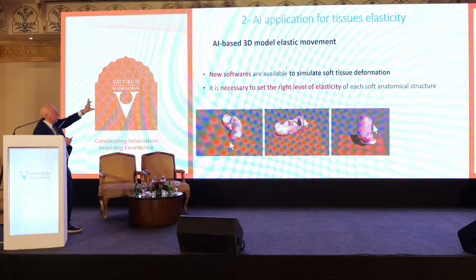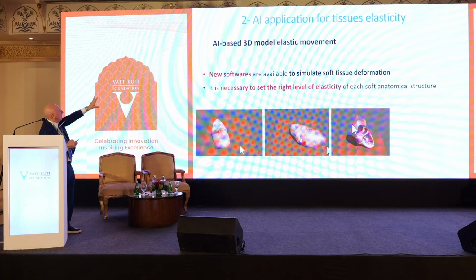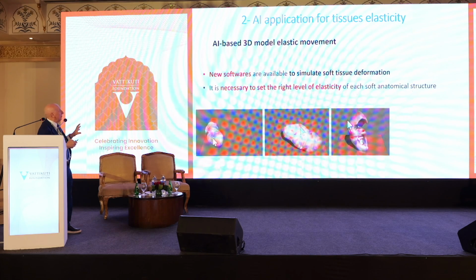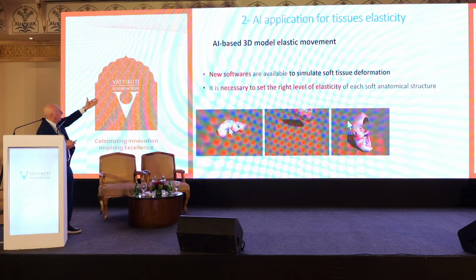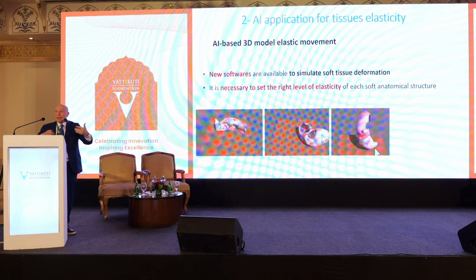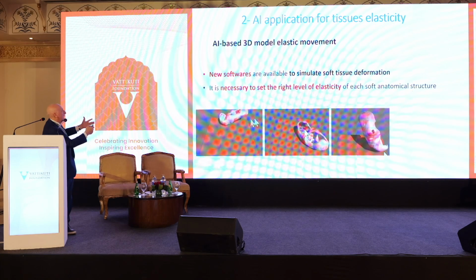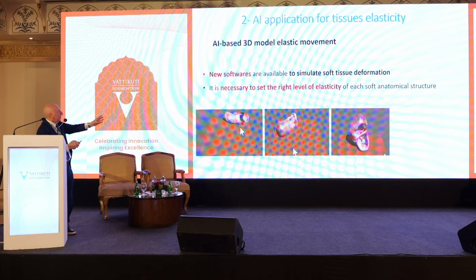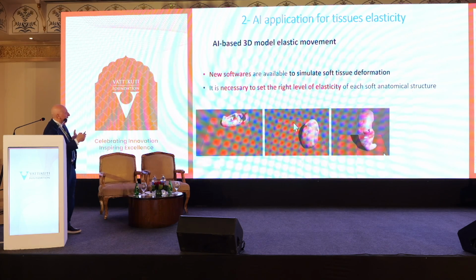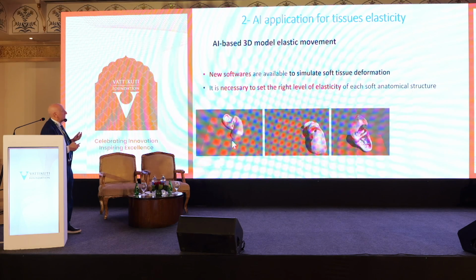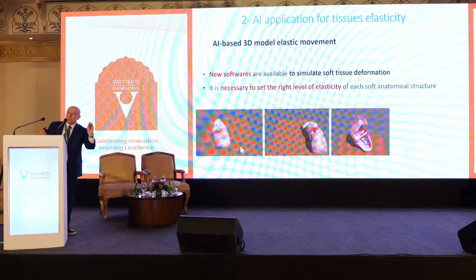The second aspect is the application of elasticity. There is new software able to reproduce the elasticity of each organ. This is the kidney. As you can see, we have different elasticity, but we need to adapt the elasticity to the single organ.